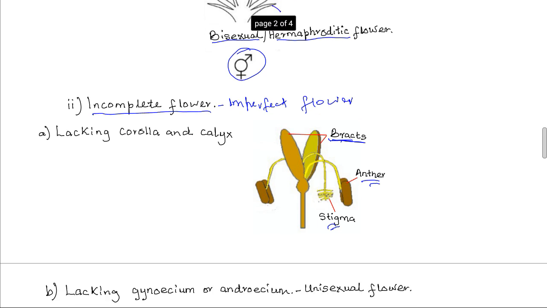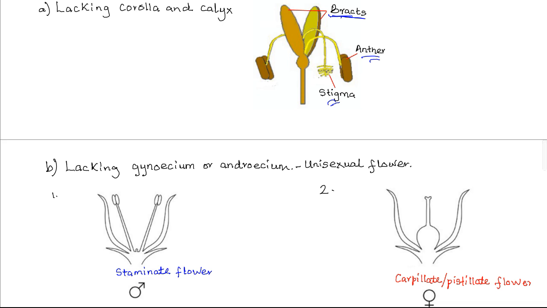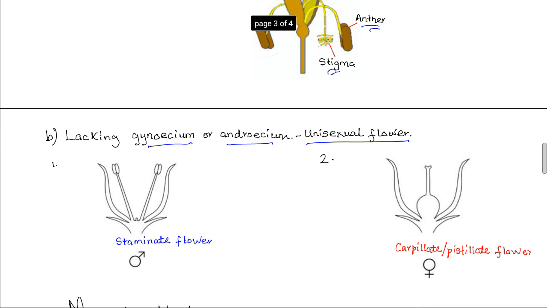Another type of imperfect flower or incomplete flower is one that lacks either the gynoecium or androecium. Such a flower is said to be unisexual. Accordingly, there are 2 types of unisexual flowers. One is a staminate flower, represented by this sign.